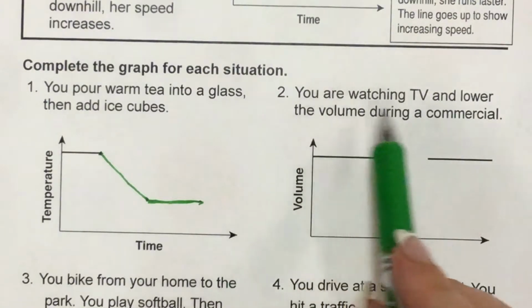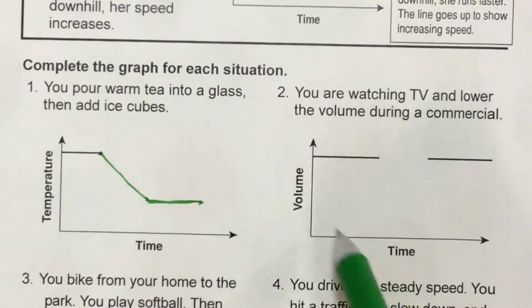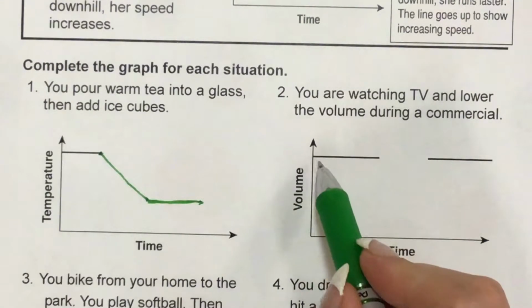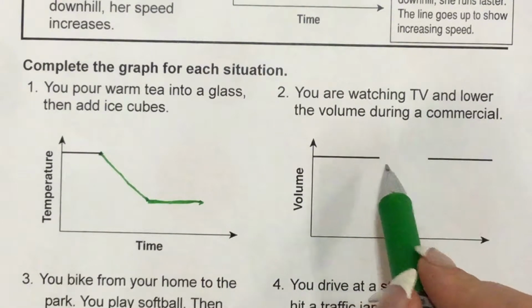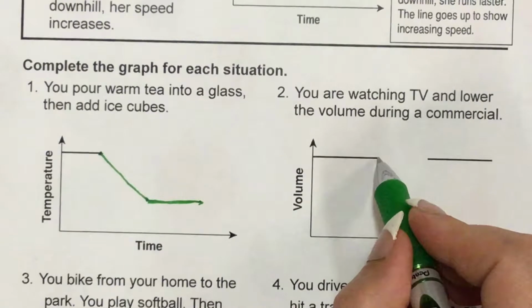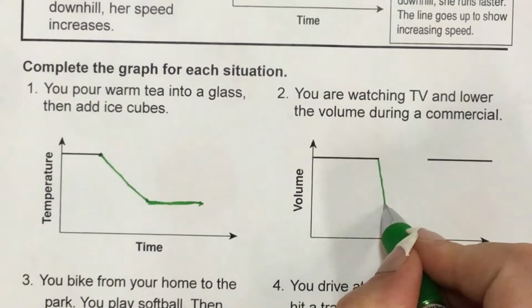Okay, so you are watching TV and lower the volume during a commercial. So here, the first part of the graph, this would be we're watching TV. This is time. This is the volume. The volume is high. We're watching TV, watching TV, watching TV. Oh no, here comes a commercial. So we lower the volume because we don't want to listen to that commercial.